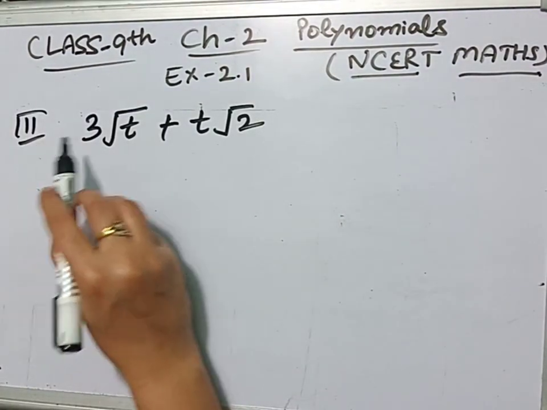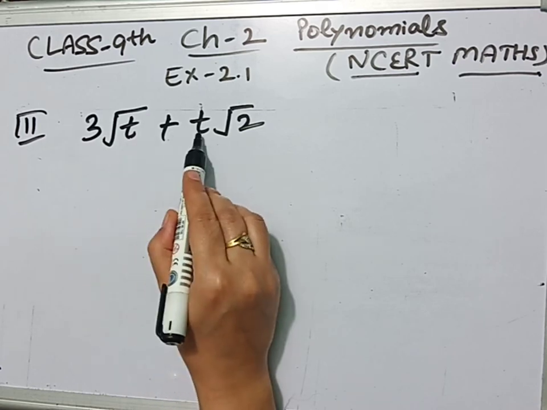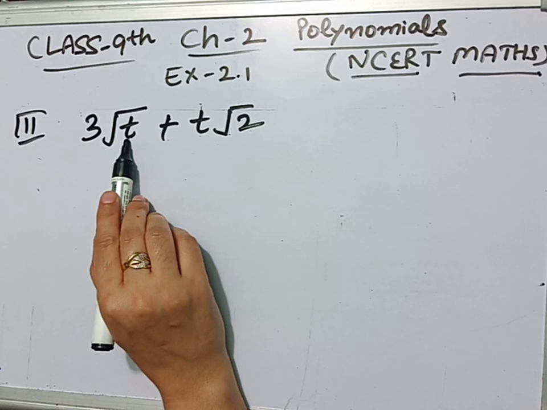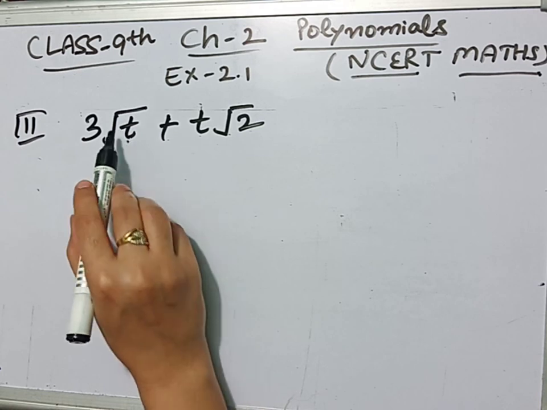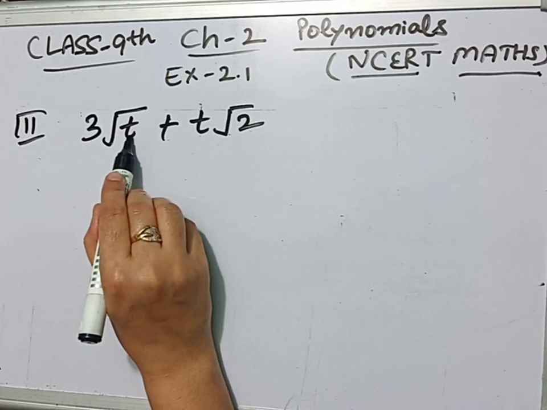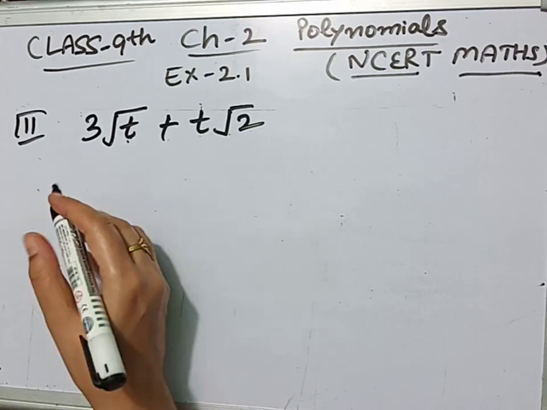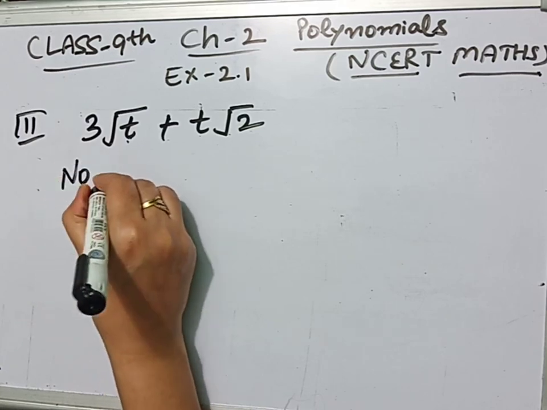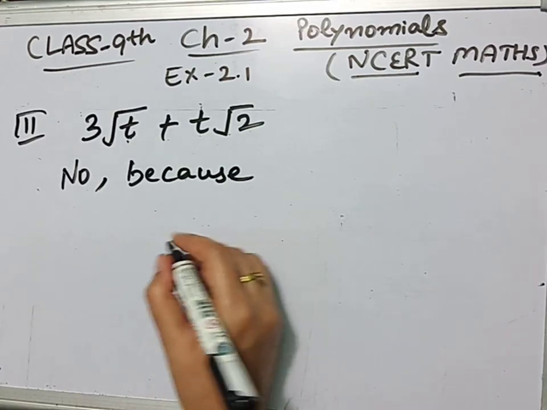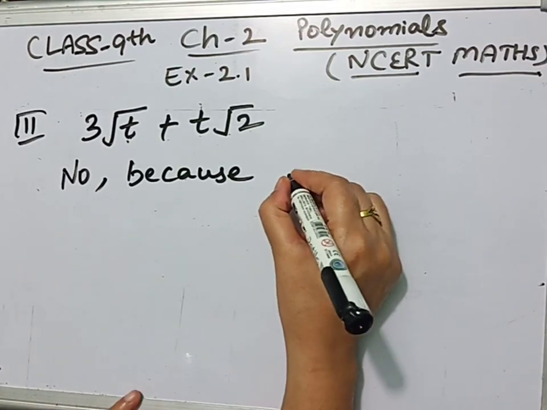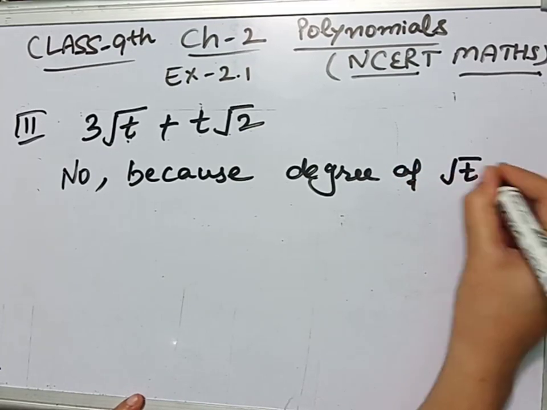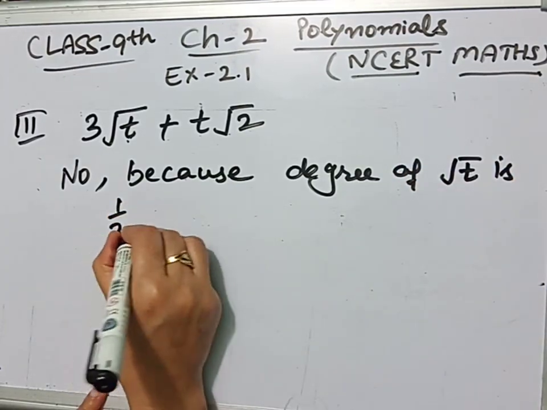Now in third part, 3 root t plus t root 2. Now you can see here only t alphabet is in this expression. But see the degree of t. When degree of t is not a whole number, then it is not a polynomial in one variable. So its answer is no, because now we will write the reason here. No, because degree of root t is 1 by 2.